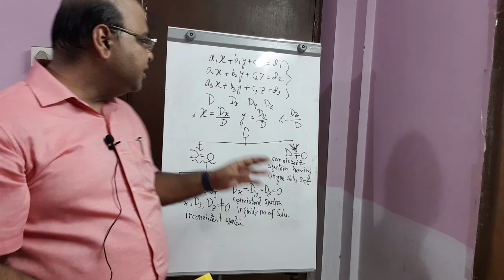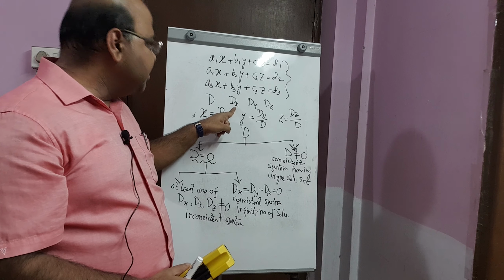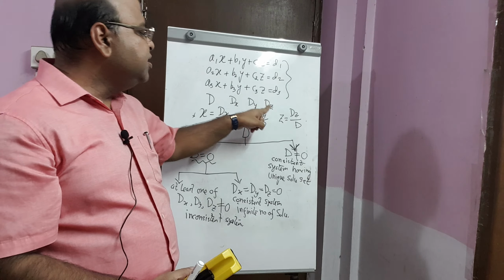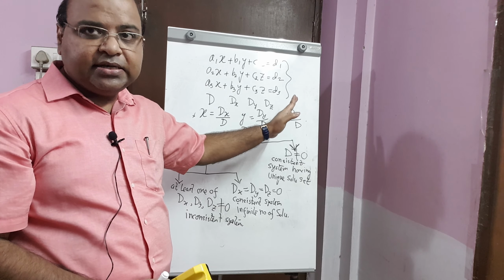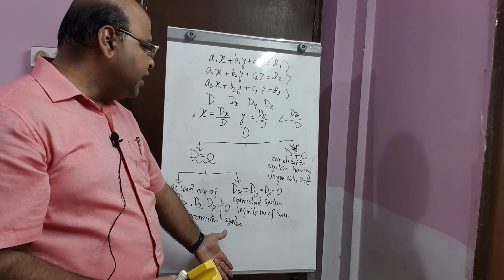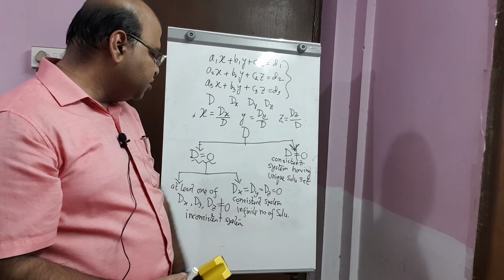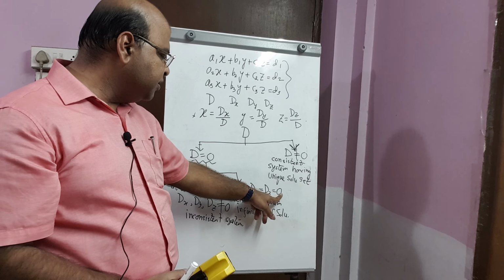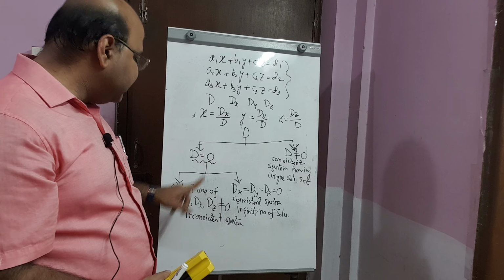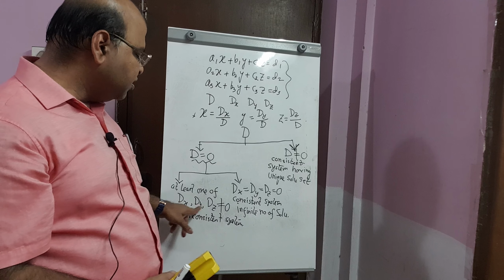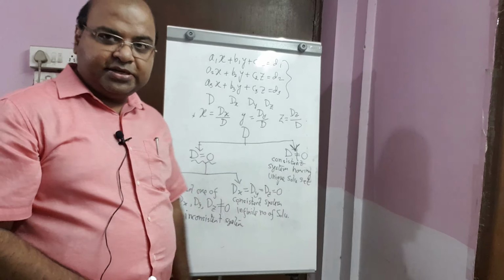There we shall have the coefficient determinant d and dx1, dx2, dx3 up to dxn for the n variables x1, x2, up to xn, and the same rule applies that if d is not equal to 0, we have a unique solution. If all the determinants become 0, we have infinite solutions. With d equal to 0, if at least one of dx1, dx2 or dxn is non-zero, the system becomes inconsistent.